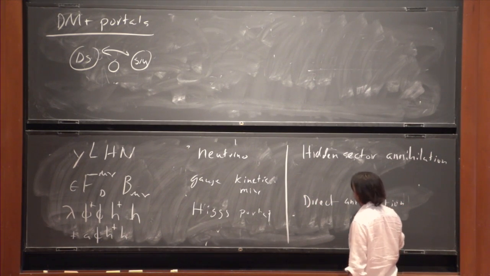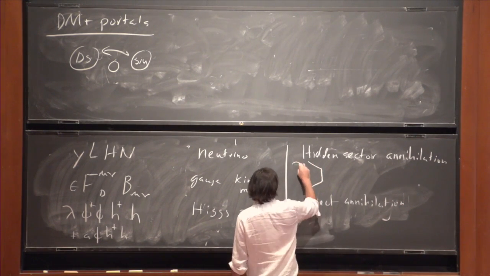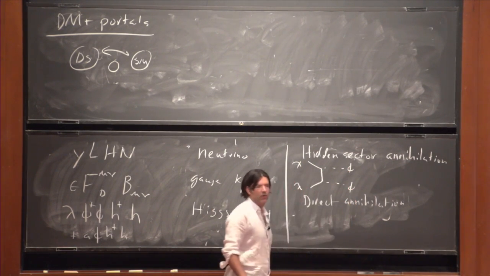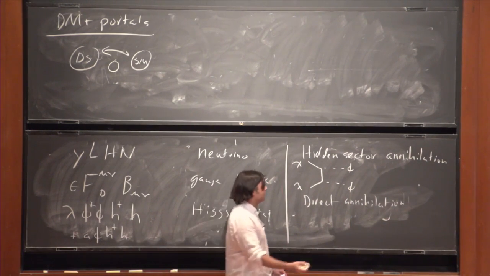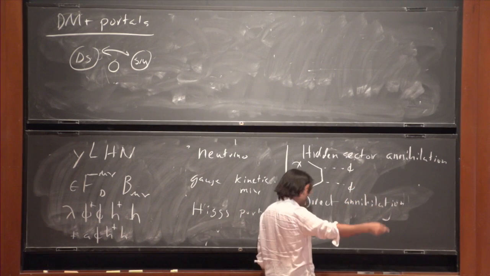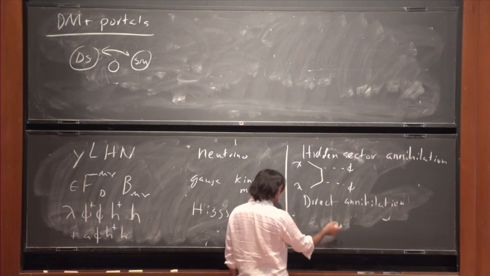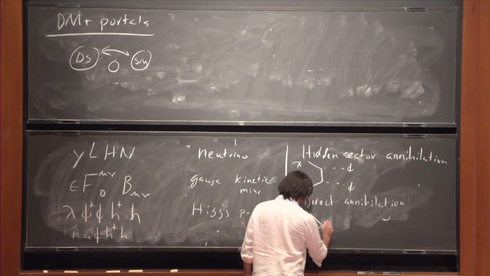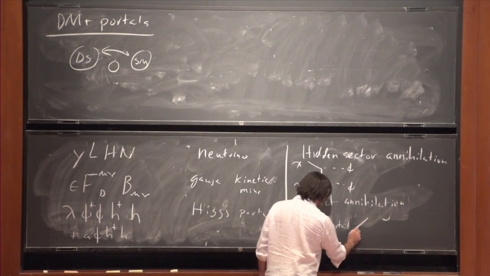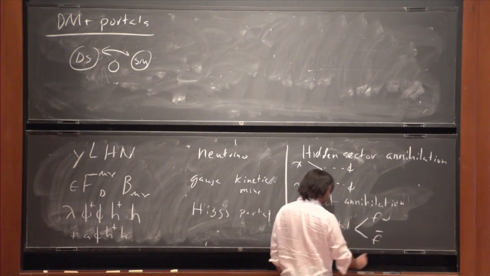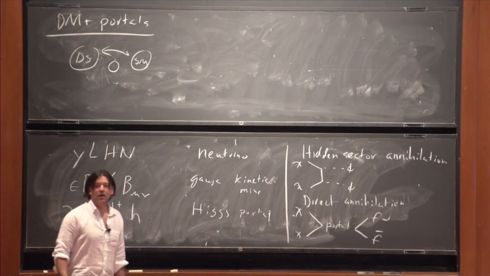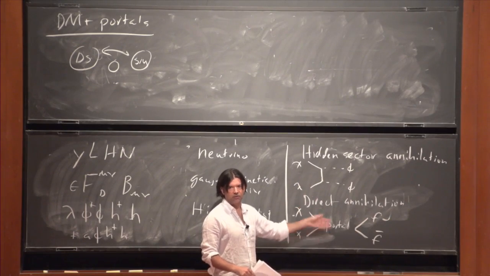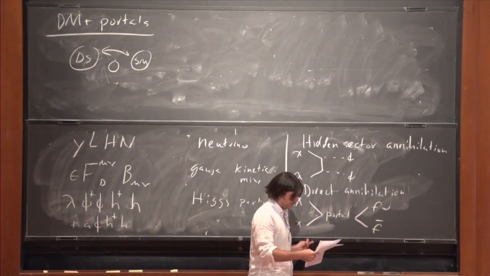Hidden sector annihilation would be something like dark matter annihilating into phi particles, where those phi particles are part of the dark sector, and then phi maintains equilibrium through some other process, or it's unstable. Direct annihilation is where you have some process by which, say, dark matter annihilates directly into the standard model. And these are qualitatively very different in their signatures and the types of things that you get out of it.